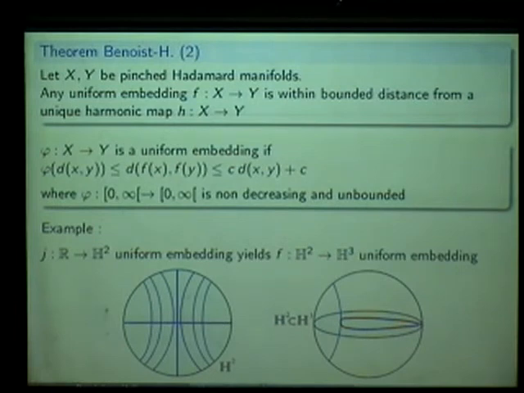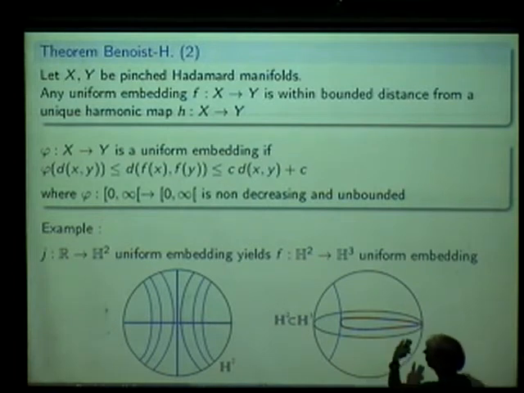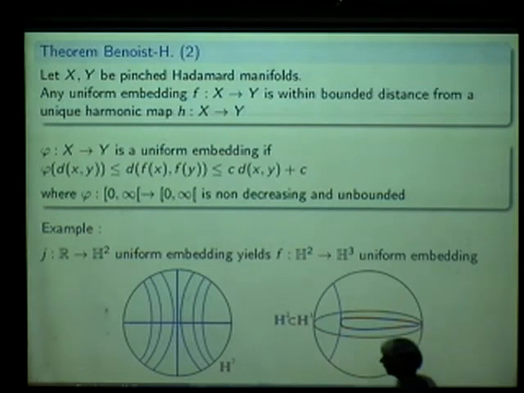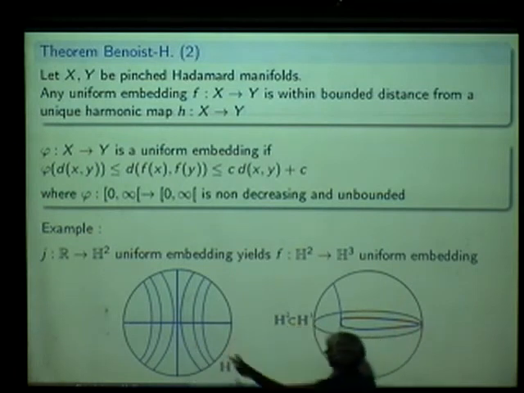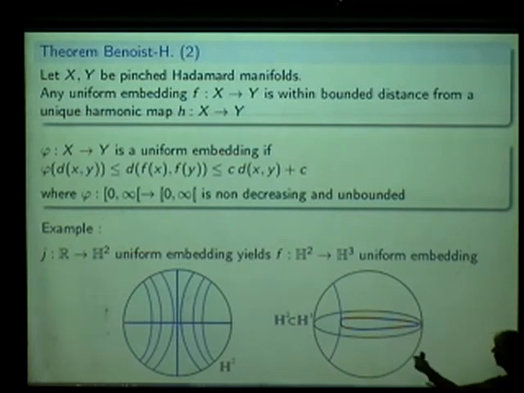So for example, here, an embedding from H2 to H3, which is uniform but not quasi-isometric. You select a geodesic in H2, and you associate to it a curve in a totally geodesic H2 in H3. This curve is parameterized with constant speed 1.